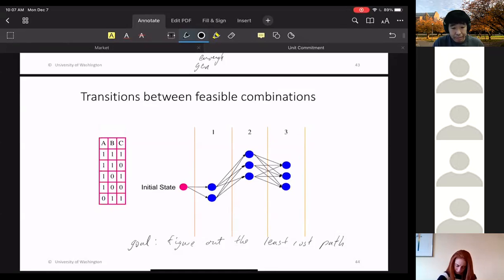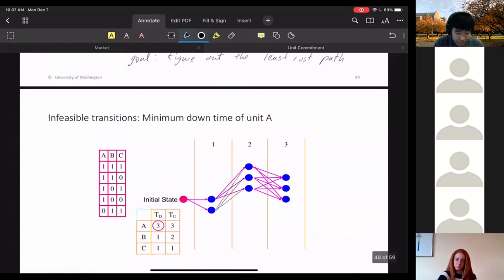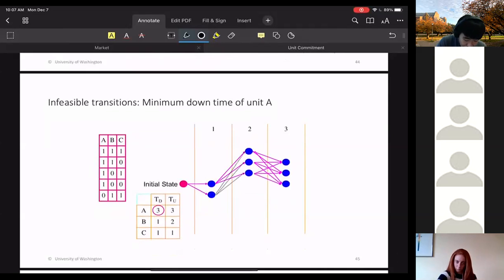Okay, so the tricky thing here is that, again, we need to know that not every path is possible. Not every path is possible because of minimum up and minimum down time requirements. Okay? So, right, what we said is, if you look at this, it says A, if turned off, needs to be off for 3 hours.